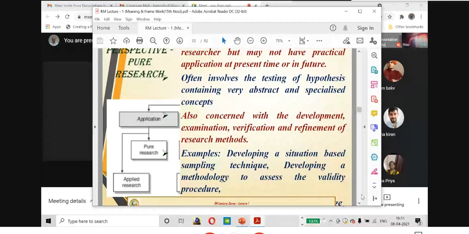All these things may not readily have any application, but once you use these new things which you have invented, they may give better results at a later time. So directly they are not useful, they will not give any solution, but with the help of this, you can do research in a better way. So that is pure research.